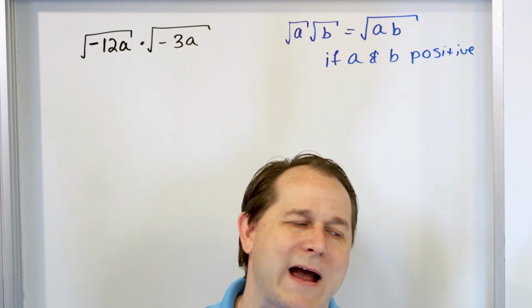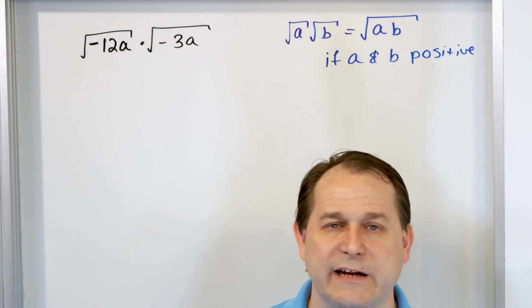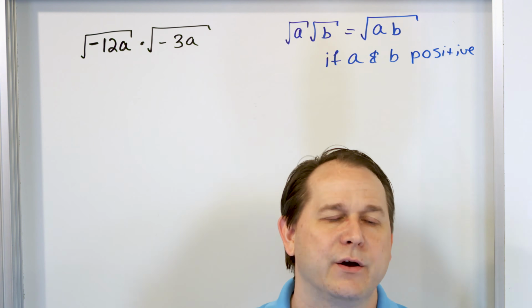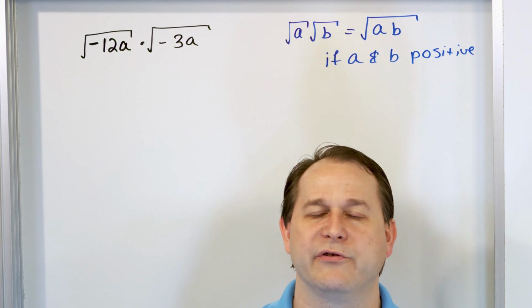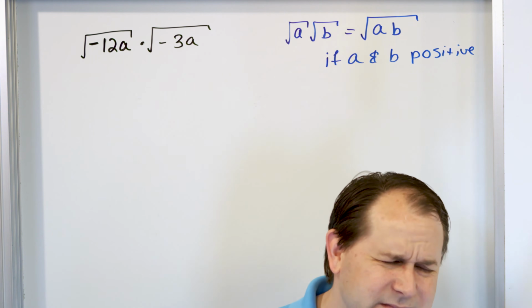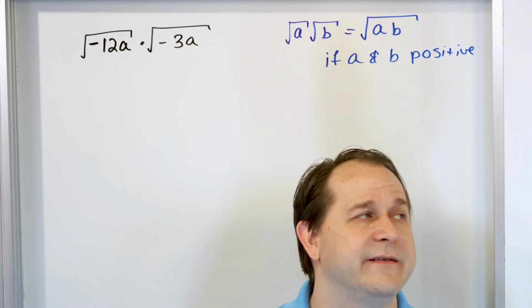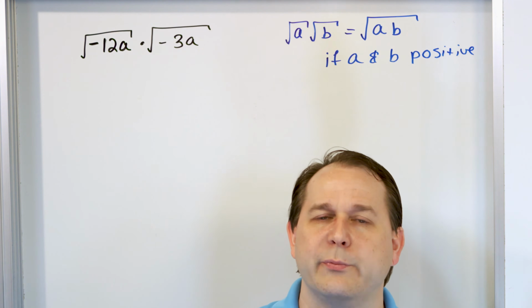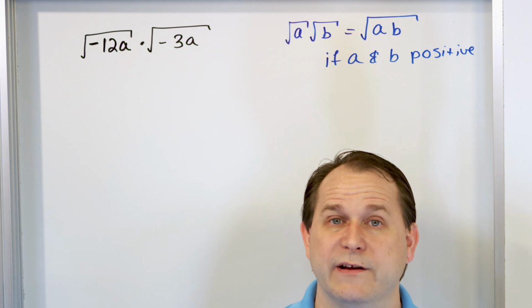Don't try to combine radicals together by multiplication under the radical if some of those things are negative. That goes a lot more into the theory behind radicals and negative numbers, and I don't want to get into the real nitty-gritty details of it. But the bottom line is that this was only introduced when we had square roots of positive numbers. So it's perfectly fine as long as you know what's under there is positive.